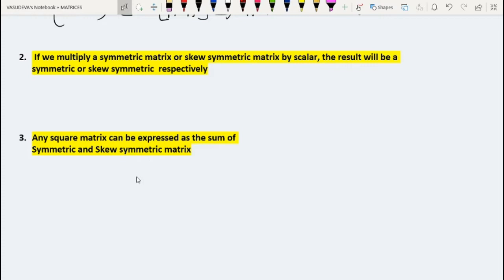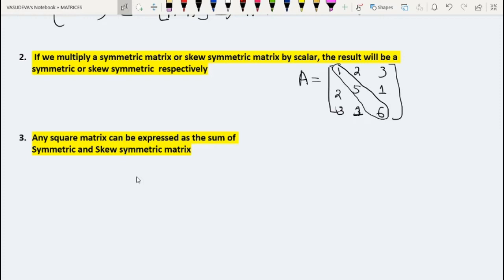So there is nothing to prove here; if we take one example, suppose we take a symmetric matrix: 1, 2, 3; 2, 5, 6; 3, 6, 1. Observe that this is absolutely a symmetric matrix.